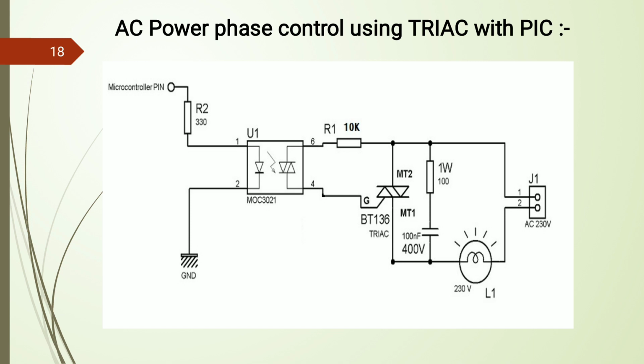So for this optocoupler 4 pins are important, that is pin number 1, 2 and pin number 4, 6. In this optocoupler the gate terminal is not physically present, but it is dependent on the light pulses emitted from the IR transmitter, that is pin number 1 and 2.